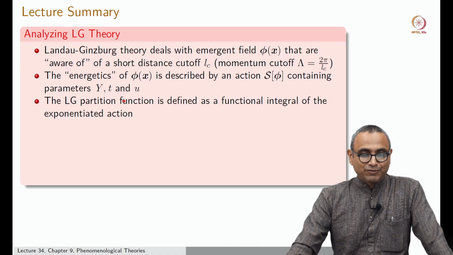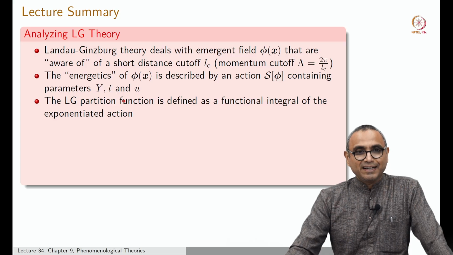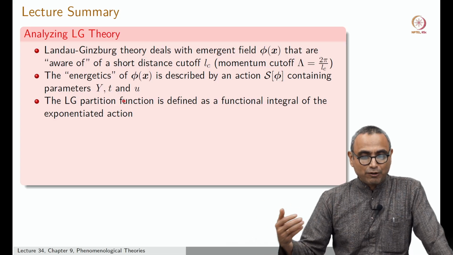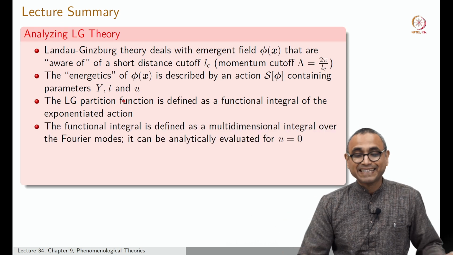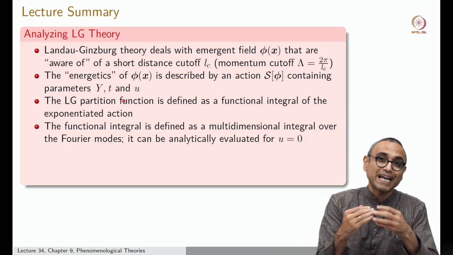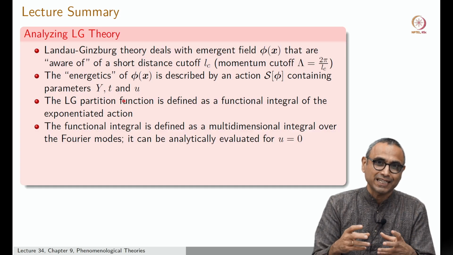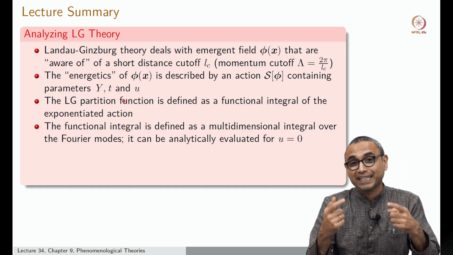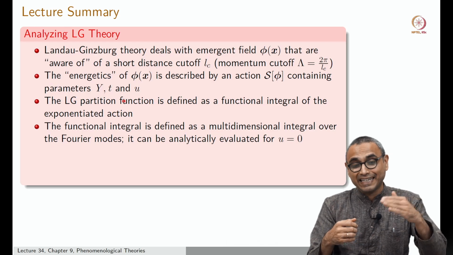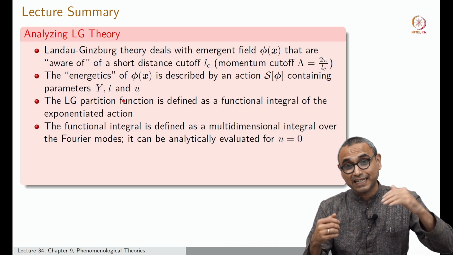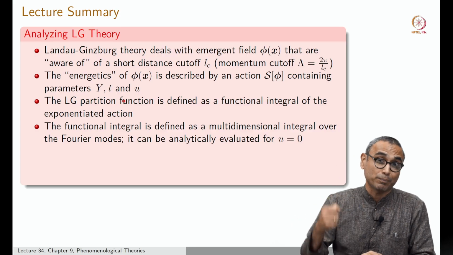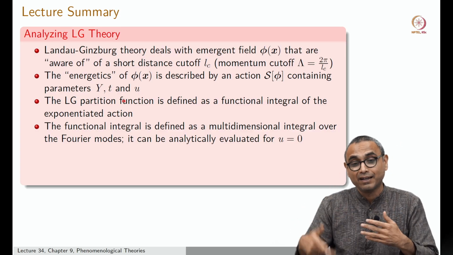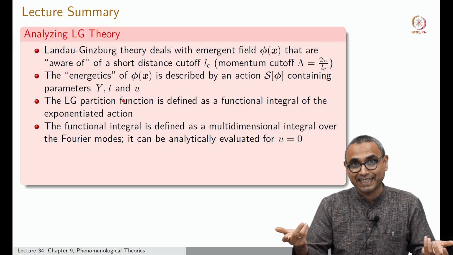And what we did was we noted that the Ginzburg-Landau partition function is a functional integral, and by setting u equal to 0, we were able to calculate the functional integral by interpreting it as an integral over the space of functions. To visit all of the space of functions, I vary all the Fourier components over all possible values they can take.